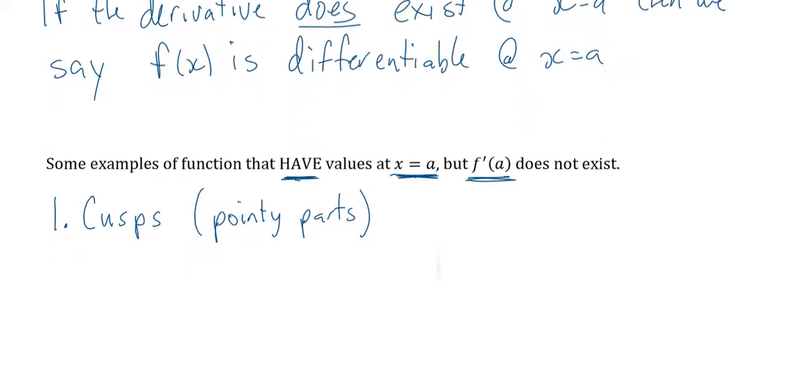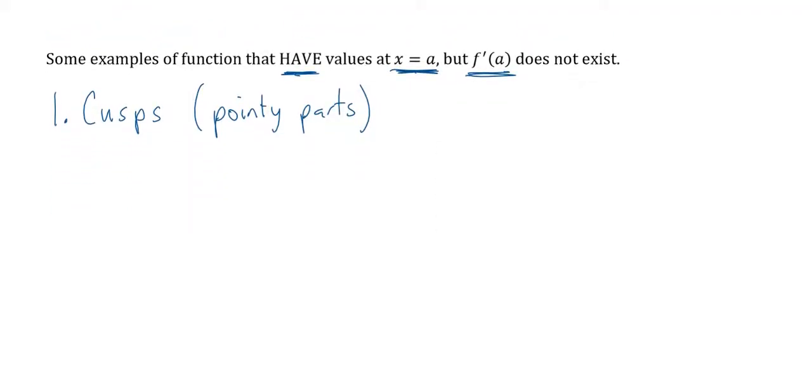Very good. If I have an absolute value graph, it exists at a, but the derivative at a does not exist. And this is f of x. That graph is f of x. Its derivative doesn't exist. It has no slope at a.